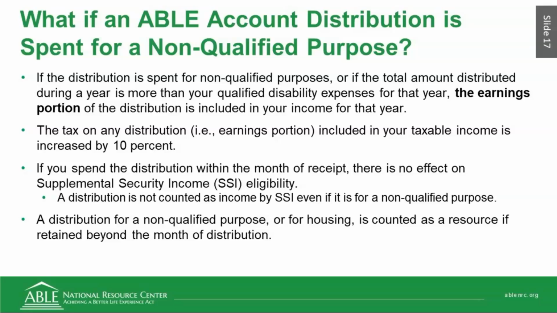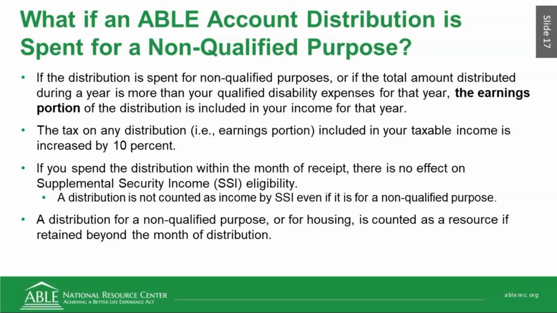Well, the first piece of good news is even if the distribution is for a non-qualified expense, it still does not count as income. That's right out of the SSI policy. I have read and reread that policy so many times, and I think Marlene has too. So no income penalty.